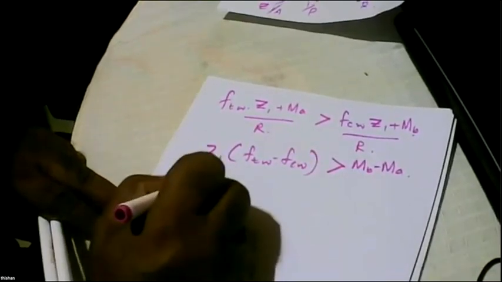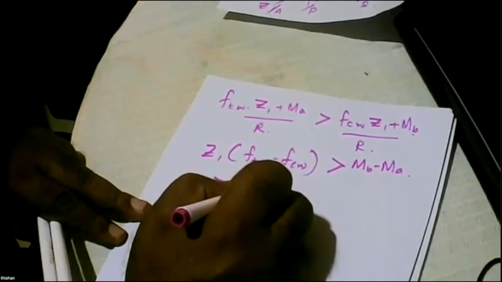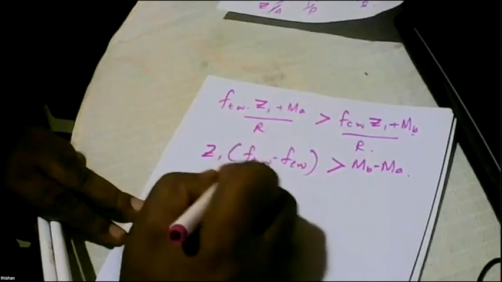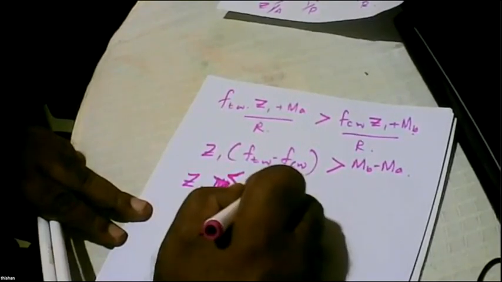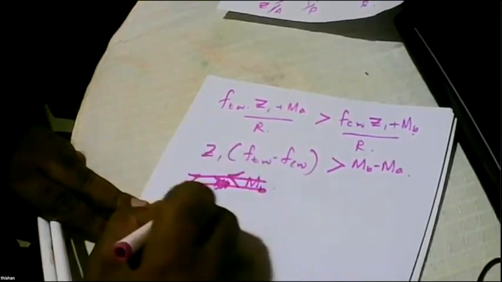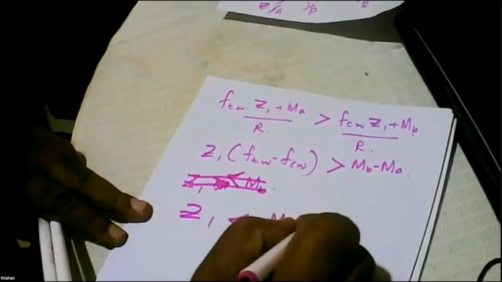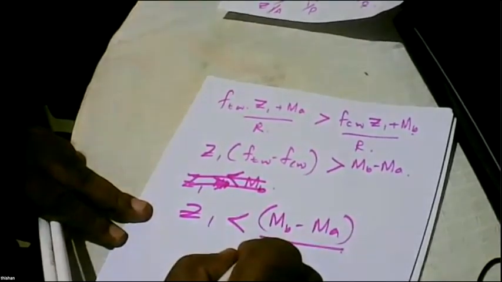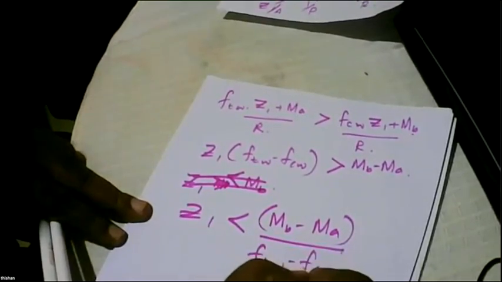So Z1 should be greater than, rather should be less than. Why? This FTW minus FCW is negative, so the inequality flips. So Z1 should be less than MB minus MA divided by FTW minus FCW.